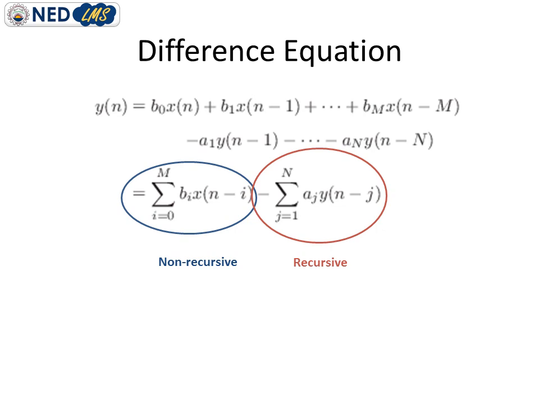I hope this concept is clear: for an IIR system both parts remain, the recursive part and the non-recursive part, and for an FIR system, which is a finite impulse response system, the recursive part will be equal to 0 and we only get the non-recursive part.